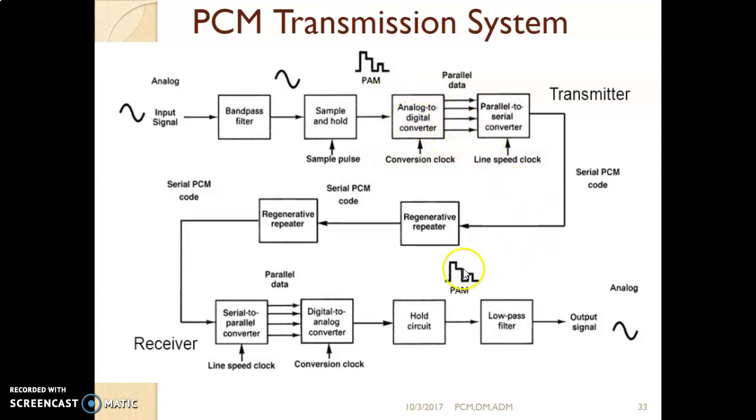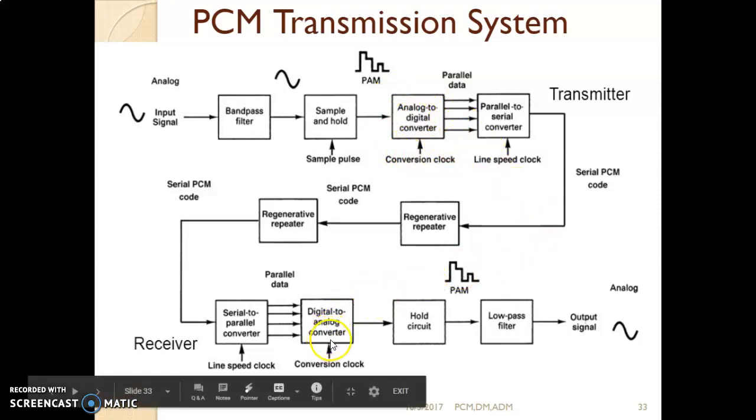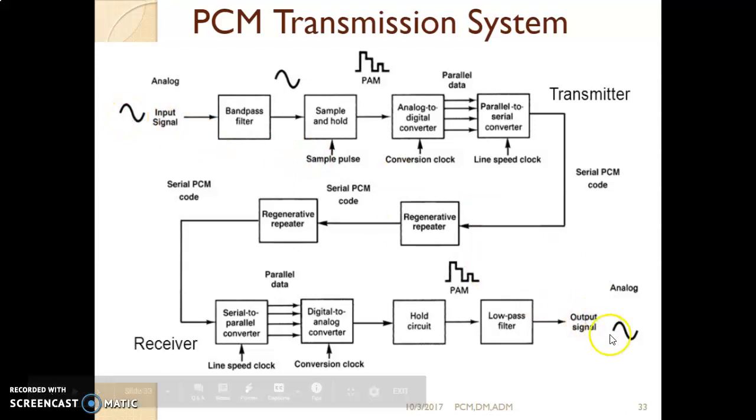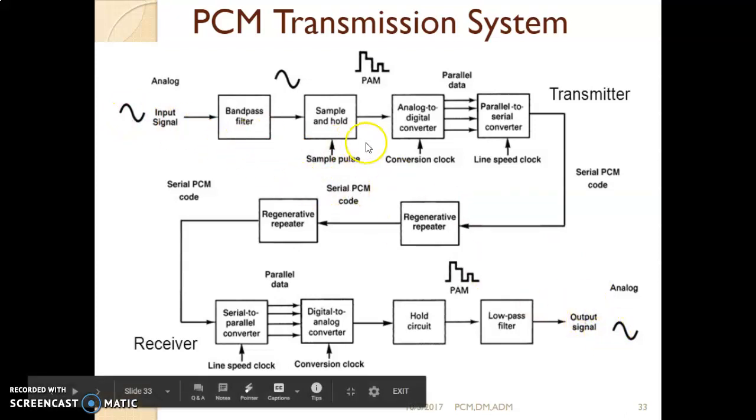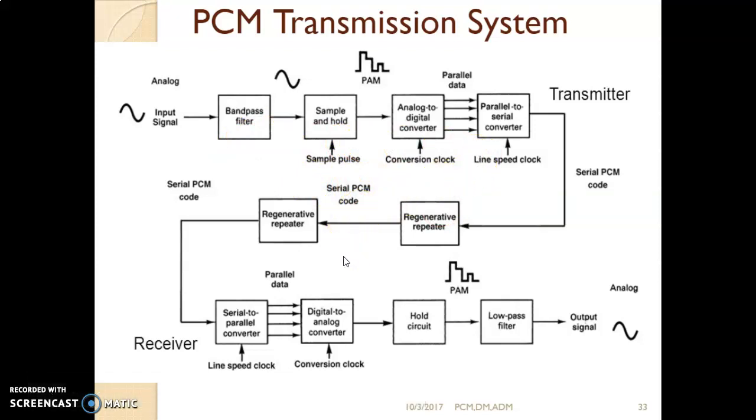Opposite to that is the digital to analog converter at the receiver, and then the hold circuit will recover the PAM signal and the low pass filter will identify the analog signal. So the analog signal is transmitted and the analog signal is received, but in between it is converted to digital and then transmitted. That is why PCM comes under the category of digital transmission of an analog signal.